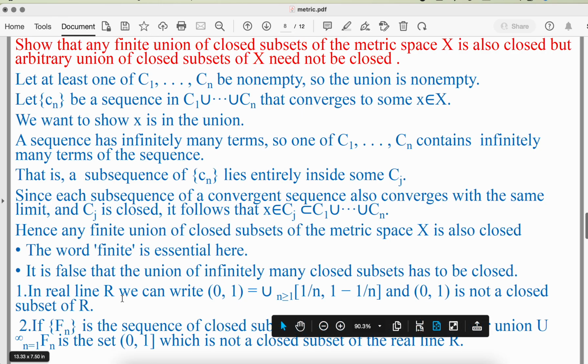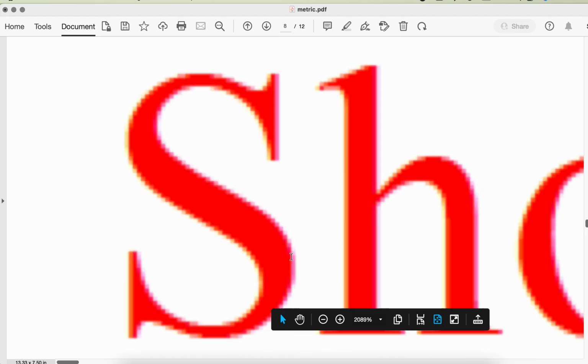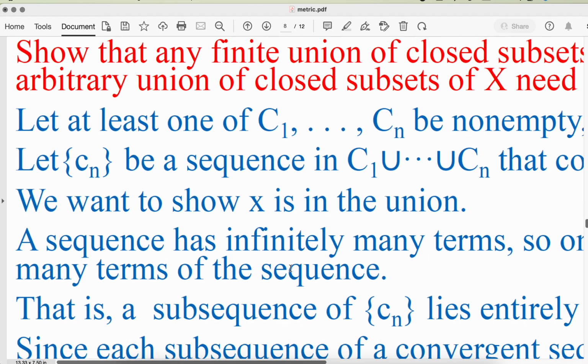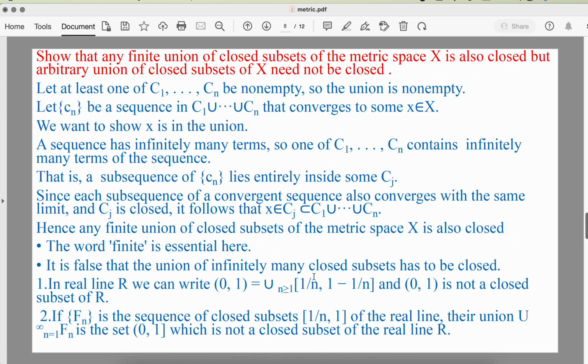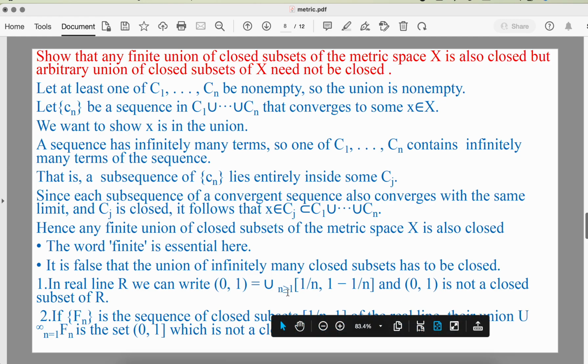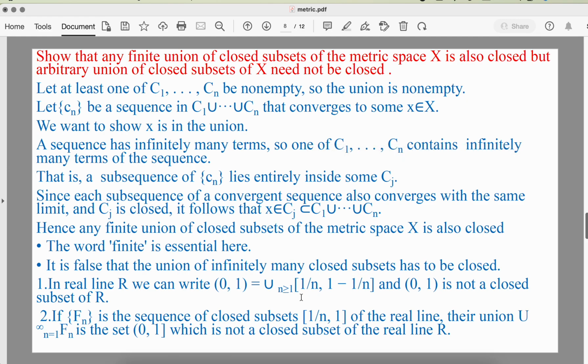For example, in the real line R, we can write the open interval (0,1) as the union over n greater than or equal to 1 of the closed intervals [1/n, 1 - 1/n].